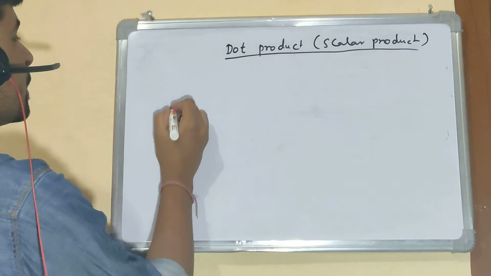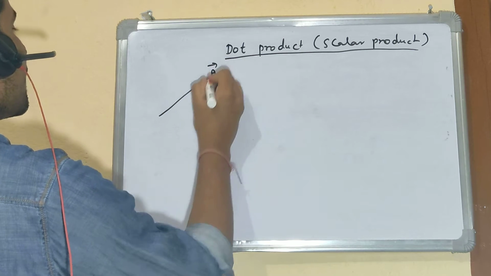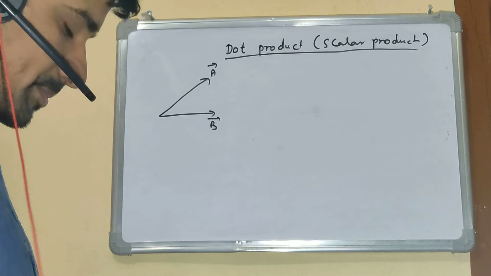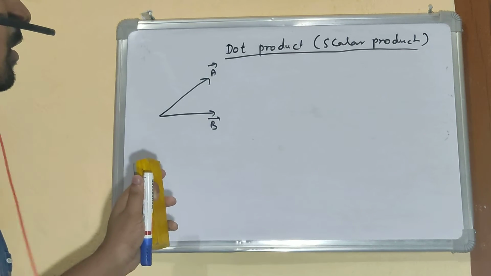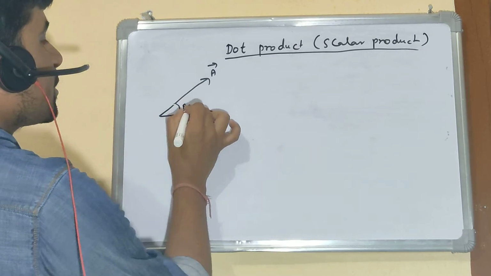So let's say there are two vectors, A vector and B vector, and it has angle theta between A and B vector, right?